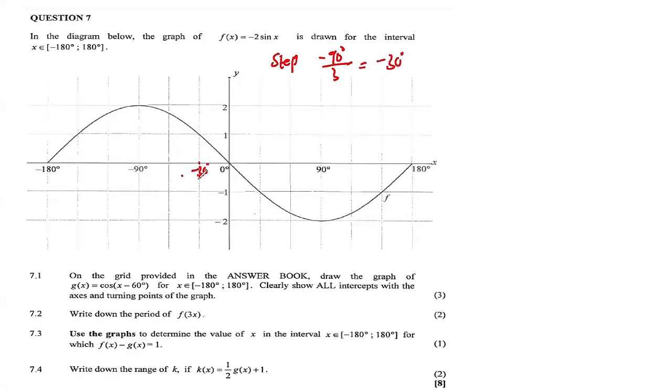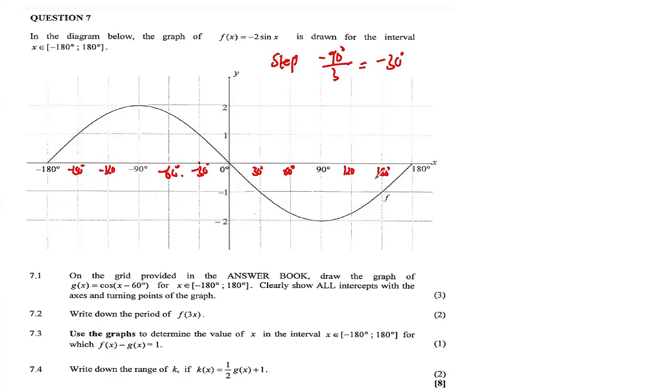So here we must have -30, and the progression of your x values will be by 30 degrees: -30, -60, -90, -120, and then here -150. On the positive x-axis, it will be +30: from 0 to 30, 30 plus 30 is 60, 90, then 120, and then here we're going to have 150. So now you are set for your step.